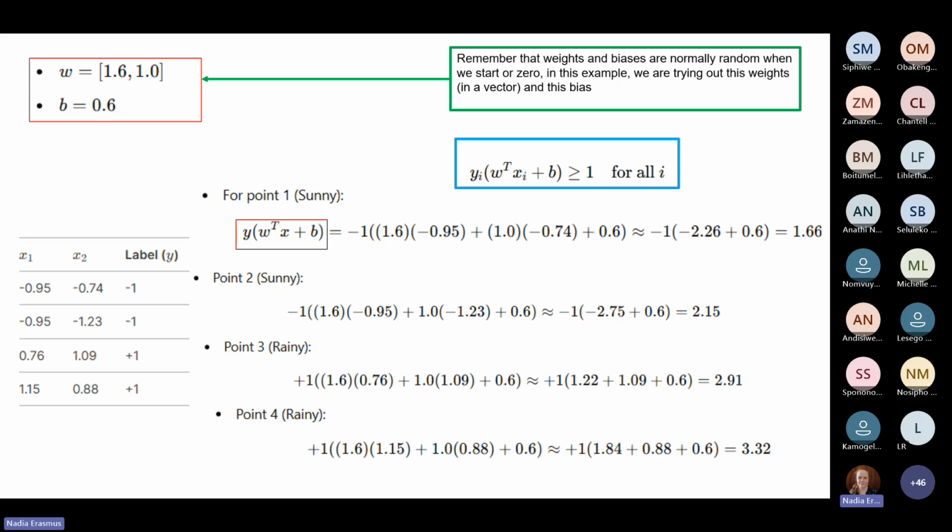Then we have 0 0.3. So 0 0.3 is label 1, so it's going to be rainy, right? So we predict it to be rainy. So let's see. We are going to have it as plus 1. We're going to have the weights and the biases calculated as 2.91. And it is actually greater than 1.